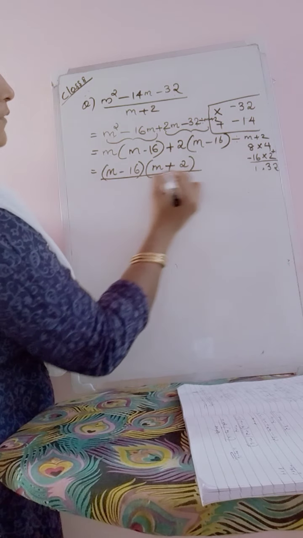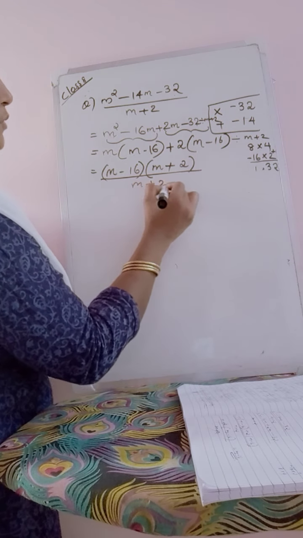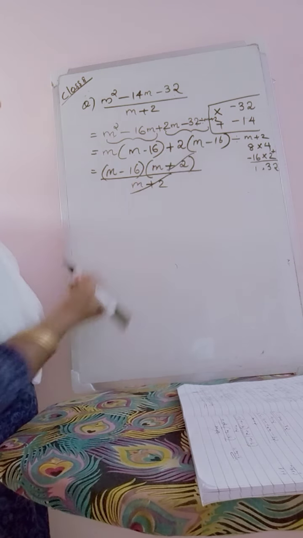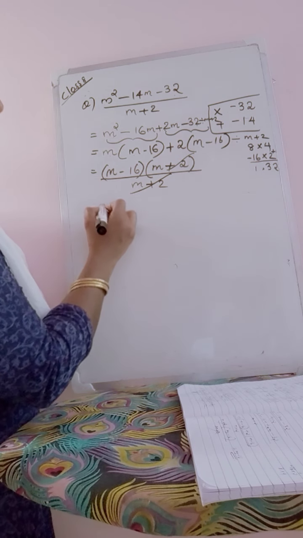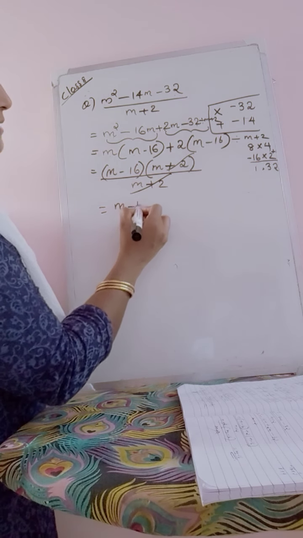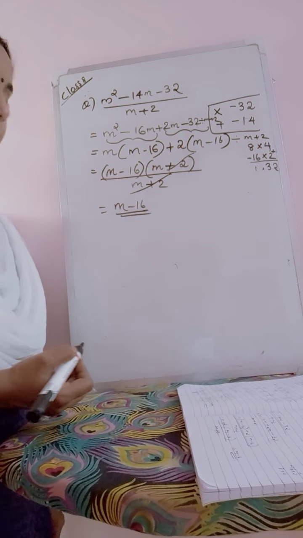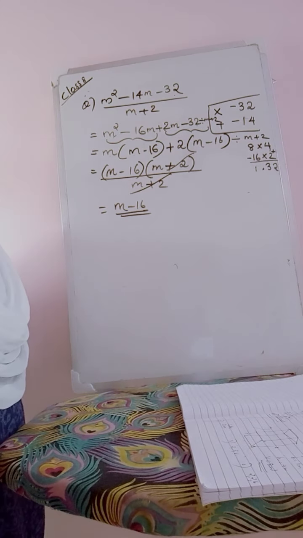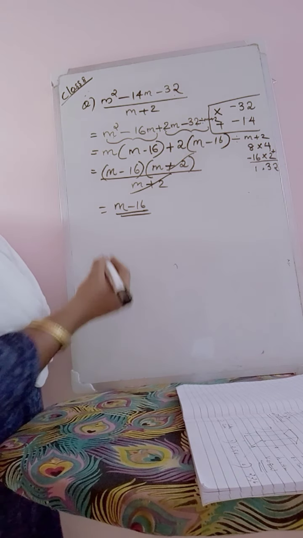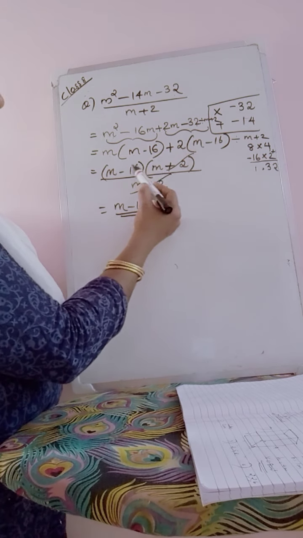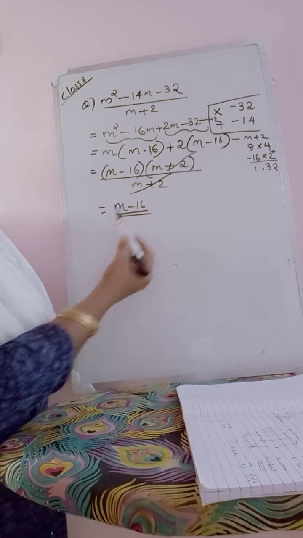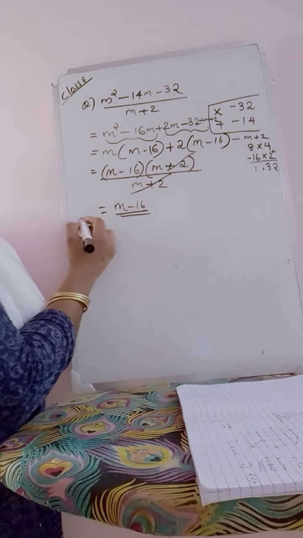Here also we have m plus 2. So cancel that m plus 2 with the numerator. So what is the final answer? M minus 16. Okay. So if we have common factors, we can cancel and we get the final answer as m minus 16.